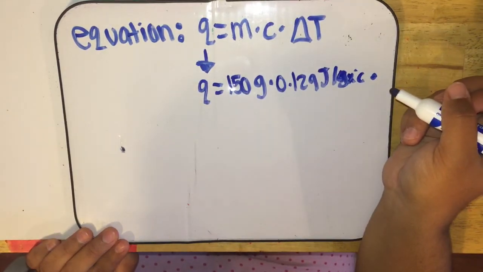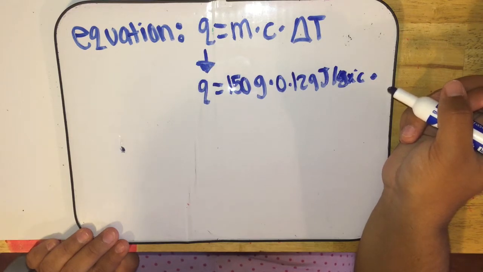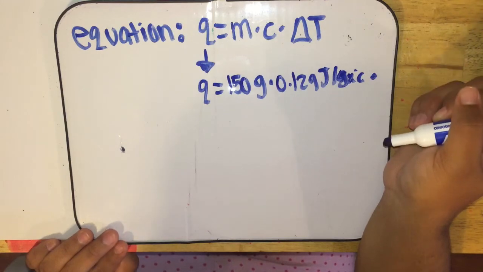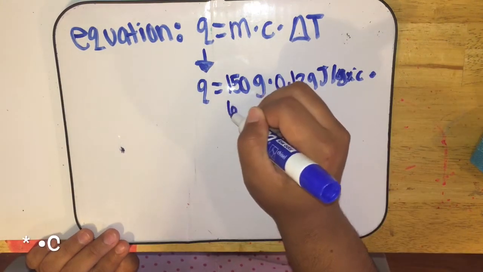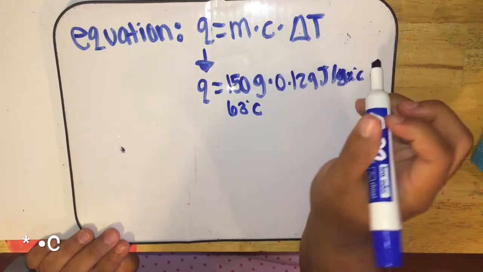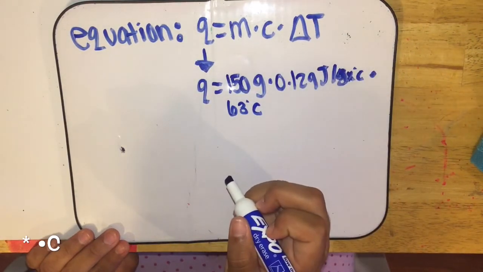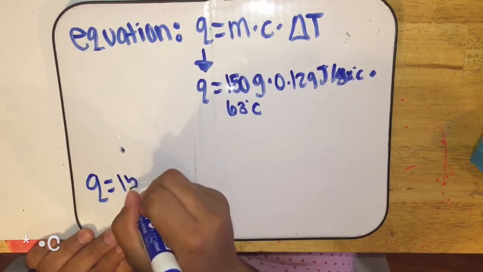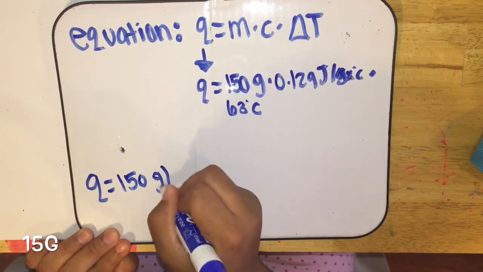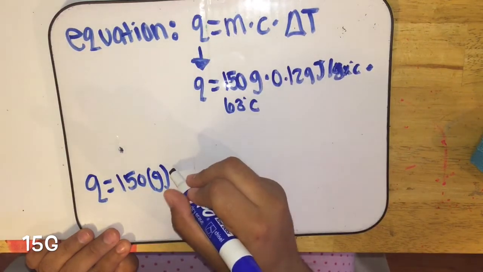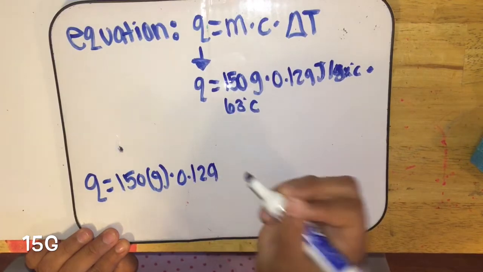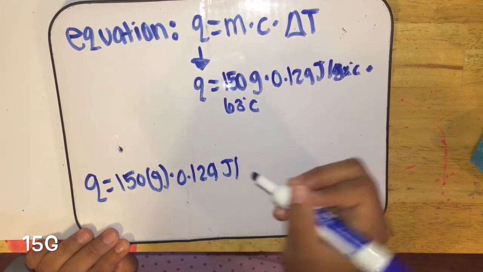Now that we look at it, we have Q equals 15 grams times 0.129. Lastly, we need to plug in triangle T, which is the change in temperature. Triangle T is equal to 63 degrees because remember, we subtract 85 degrees and 22 Celsius. Our equation is now complete.